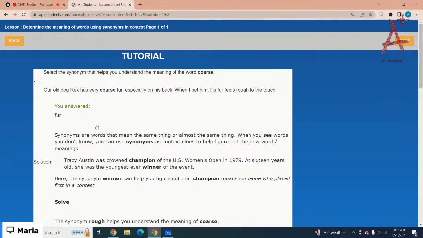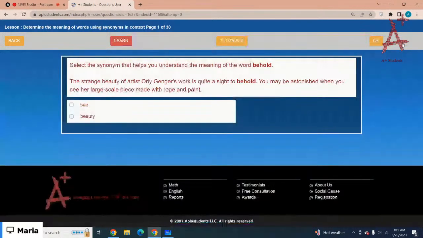Let's just start with the test questions. Select the synonym that helps understand the meaning of the word behold. The strange beauty of the artist Orly Ginger's work is quite a sight to behold. You may be astonished when you see her large scale piece made with rope and paint.